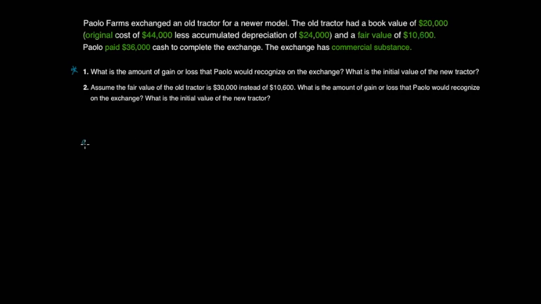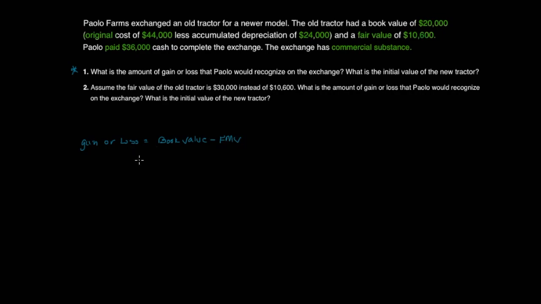So gain or loss equals book value minus the fair market value. And I'm going to abbreviate with FMV.